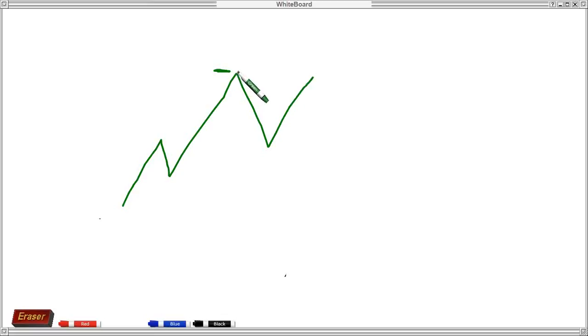And then you may calculate that the pivot point resistance level is here, weekly resistance is here, and this prior resistance is here also, and then you'll wait for a candlestick reversal pattern. That could be a trade you take.